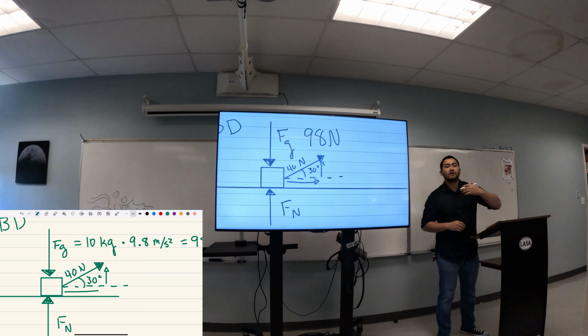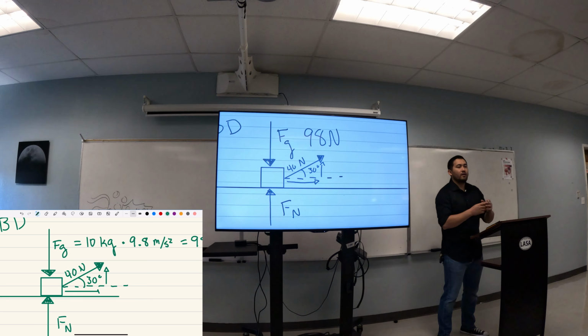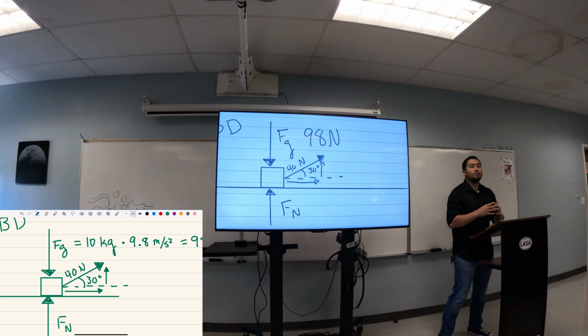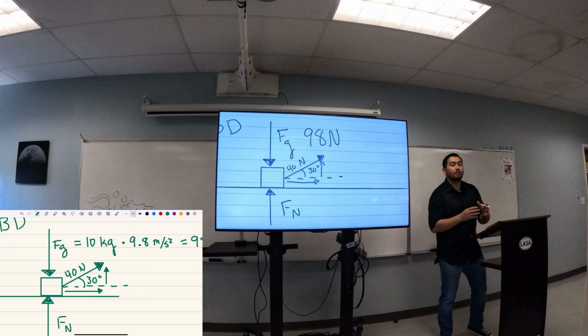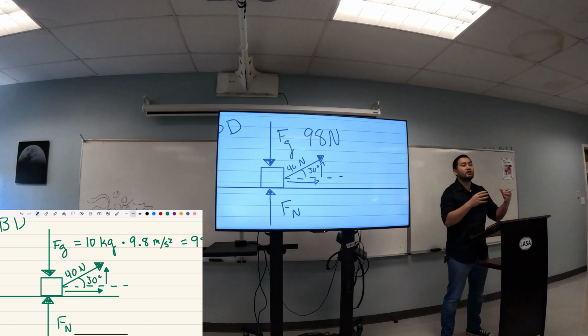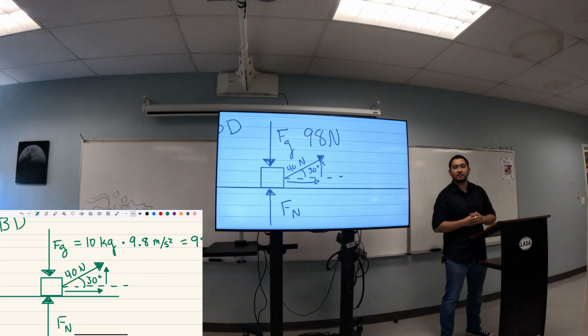So this is me telling you now that the vertical component of this applied force is going to be directly counteracting gravity. Not entirely, but it will be going against gravity. Do you agree? Fantastic. So it's going to be important for us to find the magnitude of that vertical component so that we can see how much downward force is really being applied to the table. And that's how we're going to find out what the normal force is.